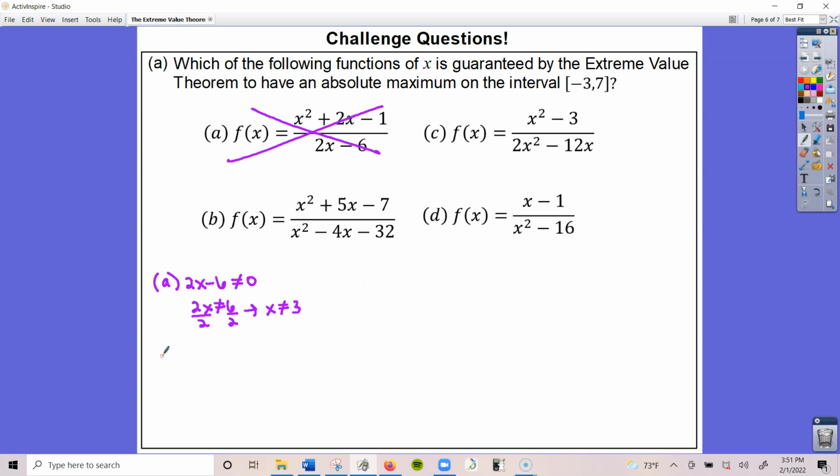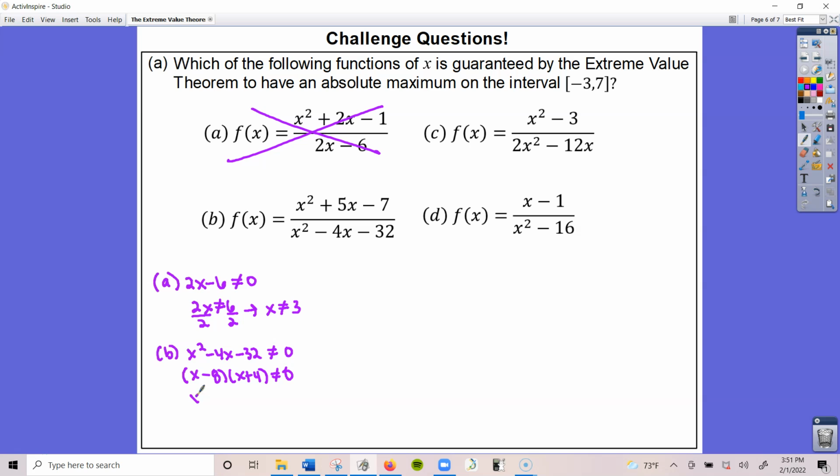Let's move on to option B. The denominator here cannot equal 0. So x squared minus 4x minus 32 cannot equal 0. And now I'm going to factor it since this is a quadratic. I can factor this as x minus 8, x plus 4.